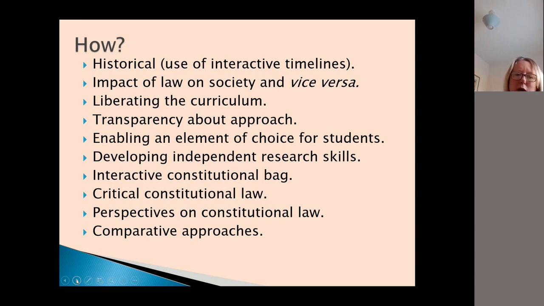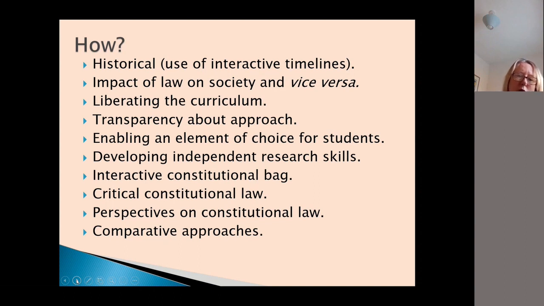We also have an interactive constitutional bag, so students can choose what they want to put into the constitutional bag, and at relevant points they can take things back out, or they can add more in. And the idea is that throughout their studies they're thinking about what they would want to see in a constitution, what they wouldn't want to see, and this is gradually built up through a picture of starting with some of the basics and then layering on the complexity and myths around the Constitution.